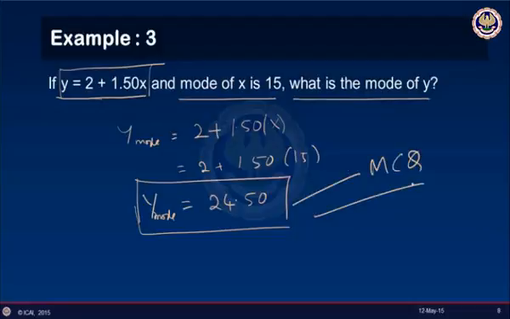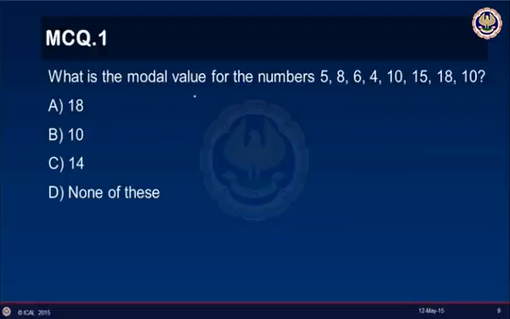What is the modal value of the numbers 5, 8, 6, 4, 10, 15, 18 and 10? Let us look at the data. Here 8 is repeated only one time, 5 is repeated one time, 6 is repeated only one time, and 4 is also repeated one time, and 10 is repeated 2 times.